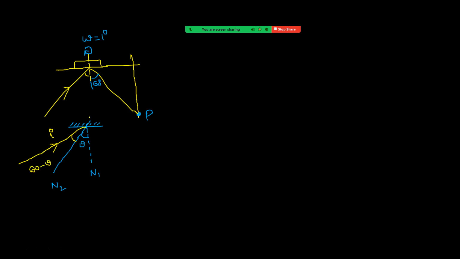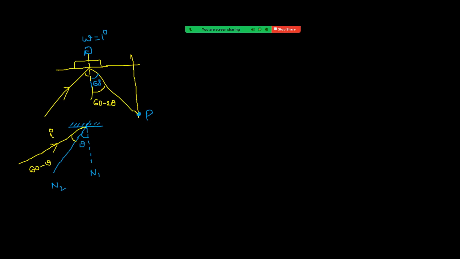When this mirror rotates by angle theta, this reflecting ray rotates by an angle 2 theta. That means now this angle becomes 60 minus 2 theta. See carefully. This point we discussed in the last lecture, right?